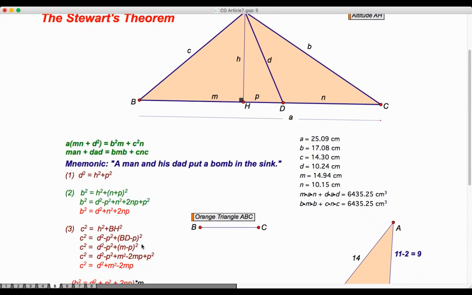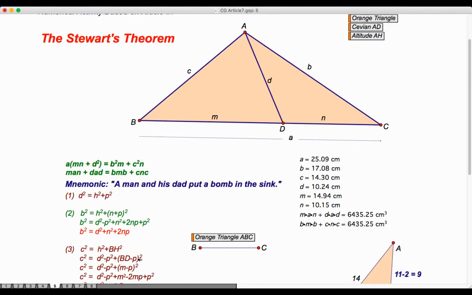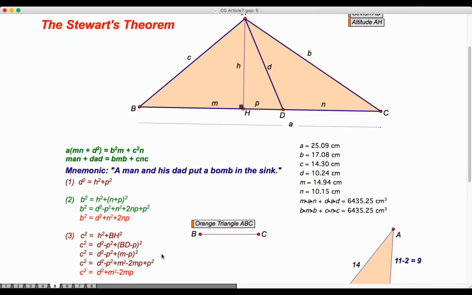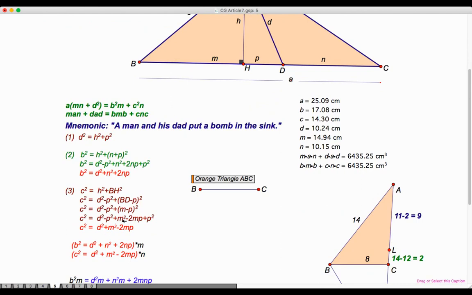Keep in mind that bd is the one that is equal to m. So bd minus p is the same thing as m minus p. Expand this, it becomes m squared minus 2mp plus p squared. We can cancel p squared and p squared here. We end up with d squared plus m squared minus 2mp.